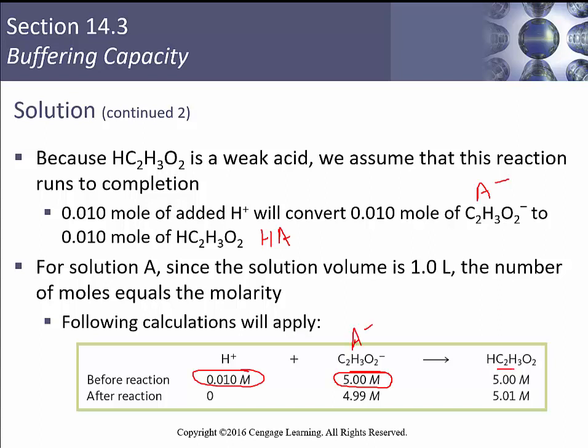And we had 0.5 molar acetic acid. After the reaction, we've allowed this in our stoichiometry step to convert some of our acetate. Right, we're going to lose some of that acetate. It's a reactant. And then we're going to gain some of our HA.